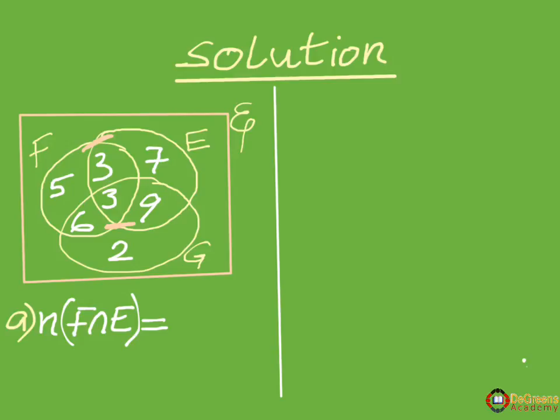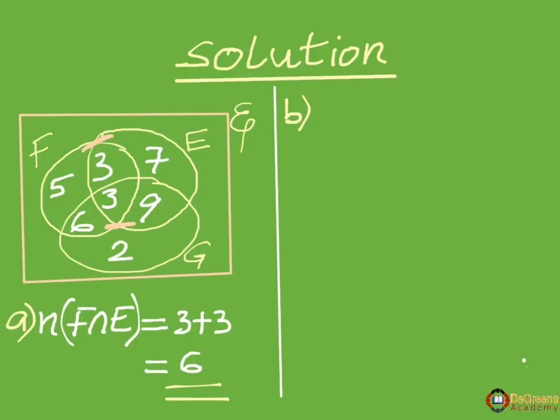So cardinal number of F intersection E will be equal to 3 plus 3, which will give 6. Therefore, 6 students studied French and English. B, you were told to find how many students studied French only.